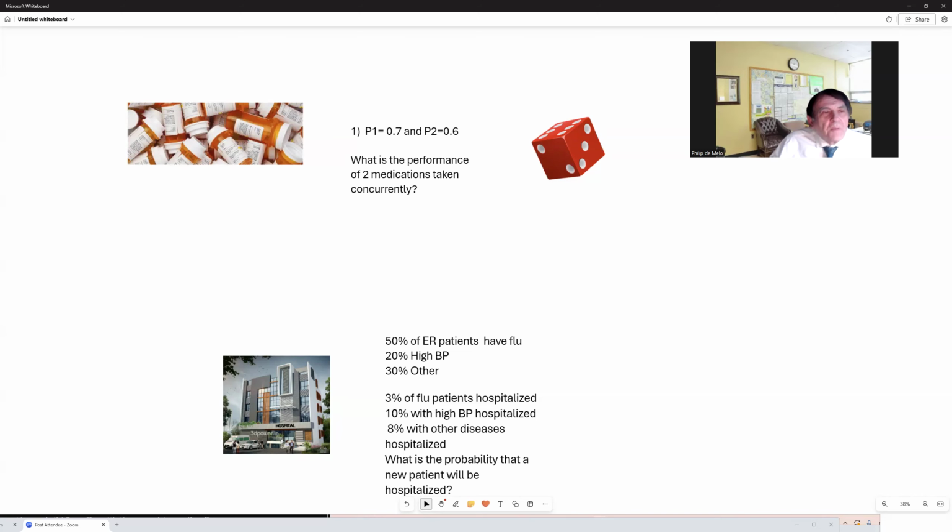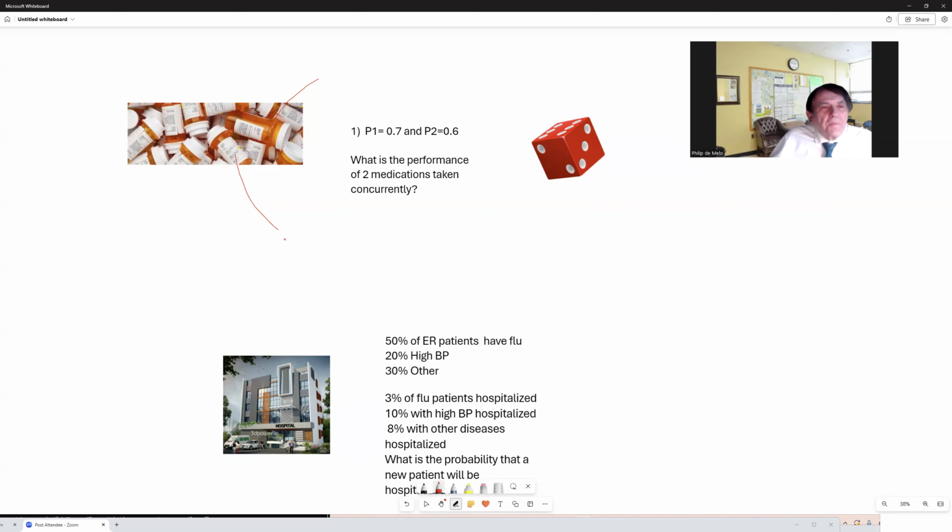So first of all, suppose you have two medications, one and two. You know that medications have a KPI. They pass clinical trials, and the developers know quite well where they work, what side effects they have, and so forth, and they assign a value to the medication.